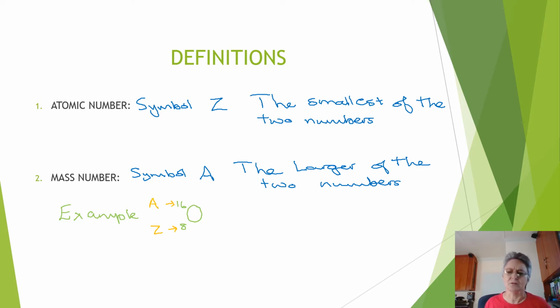Now, these numbers give us essential information on the atoms. The Z tells us how many protons are in the nucleus of the atom.